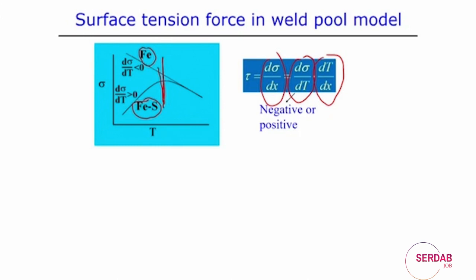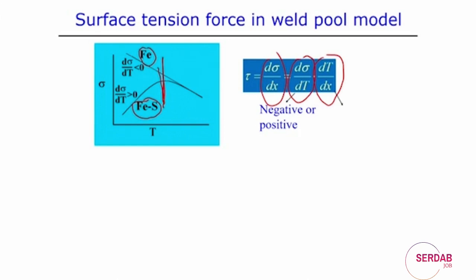So, that temperature coefficient of the surface tension force can be negative or positive depending upon the presence of the surface active elements. For example, in case of a pure system it becomes negative. If it is having the surface active elements, that slope becomes positive.